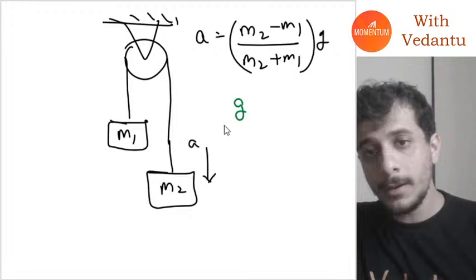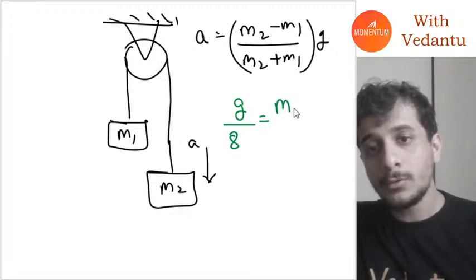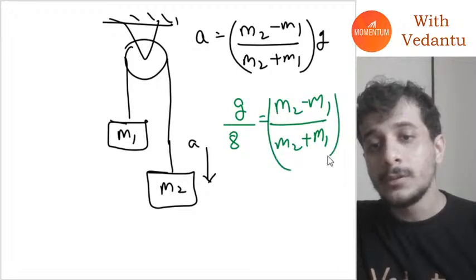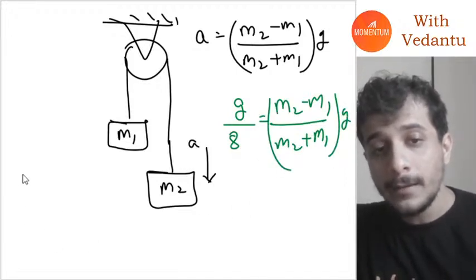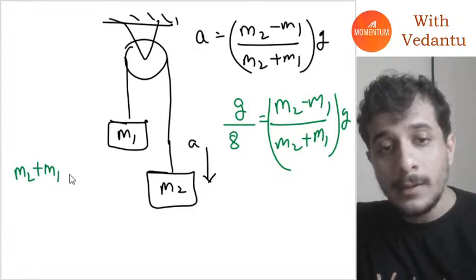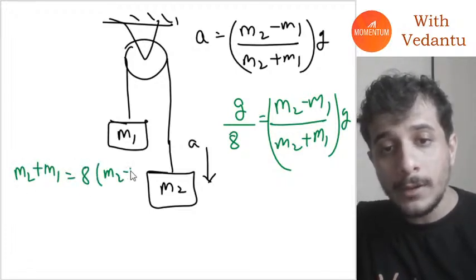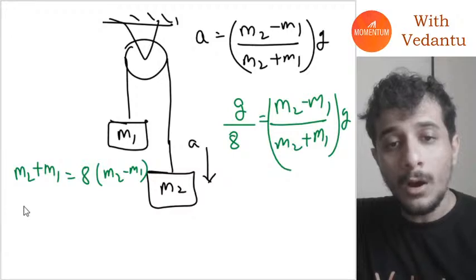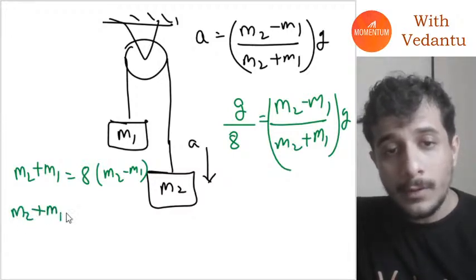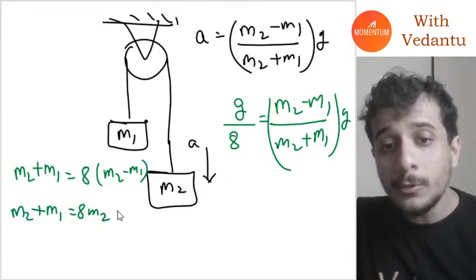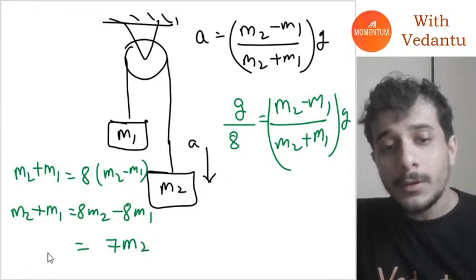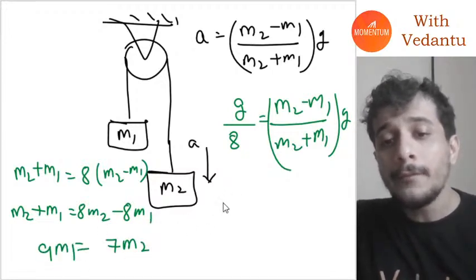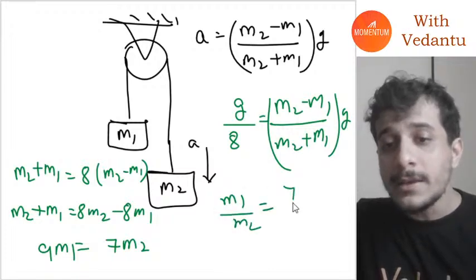So I can just very simply write here that g divided by 8 is equal to (m2 minus m1) upon (m2 plus m1) into g. G gets cancelled out. I can write m2 plus m1 is equal to 8 times (m2 minus m1), or m2 plus m1 is equal to 8 m2 minus 8 m1, or 7 m2 is equal to 9 m1, or m1 by m2 is equal to 7 by 9.